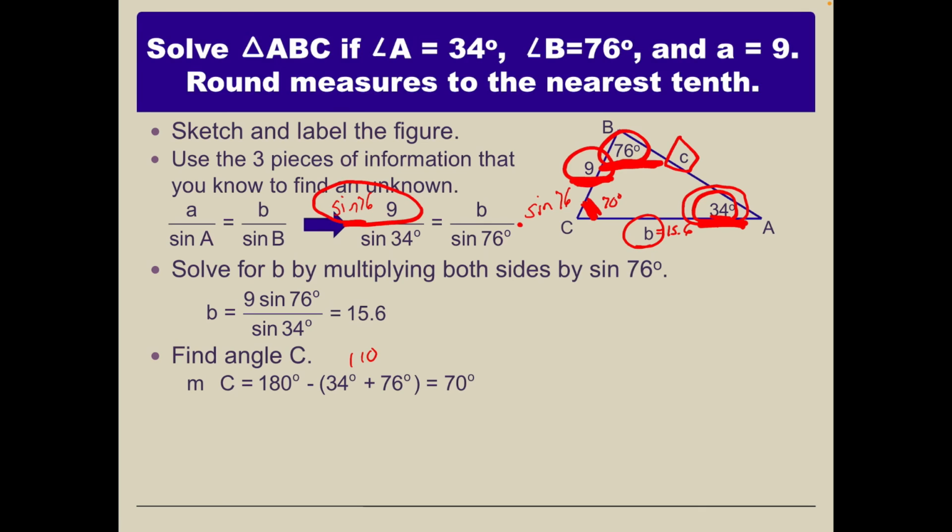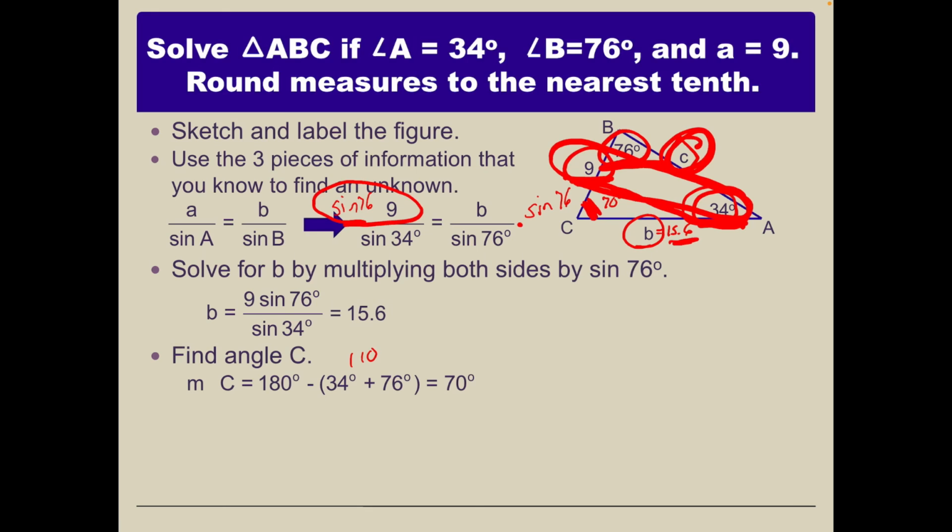Now that we know that, we can use the law of sines again, and this time we're going to use it to find side c. And I still like to use side a and angle A because we knew those to start with. The 15.6 is rounded, so we're not going to use that. You could use it, and it will get you pretty much the same thing. It might just be off maybe in the hundredths or thousandths place.